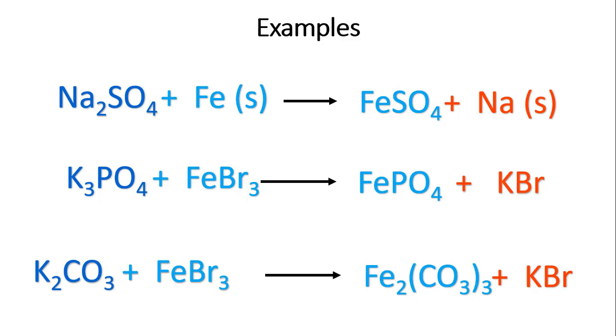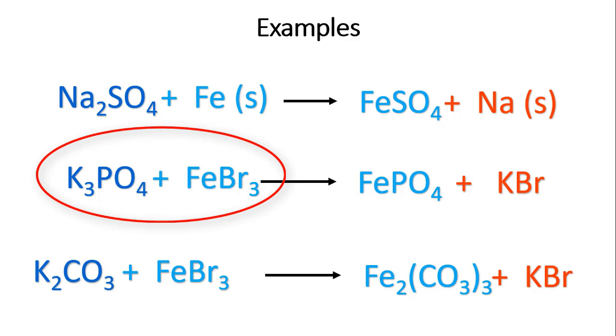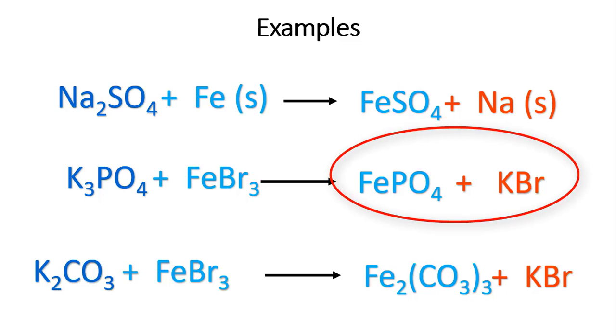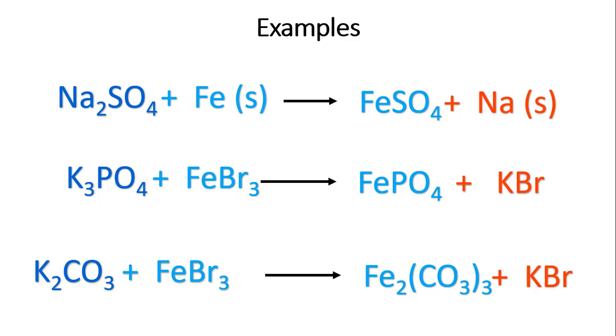Let's look at the second example, right? I have potassium phosphate, and I'm reacting that with iron 3 bromide, and then that's going to give me iron phosphate and then potassium bromide. So I need to balance that, right? If you notice, I have 3 potassiums on this side. I only have 1 on this side. So I need to fix that by balancing the equation, right?